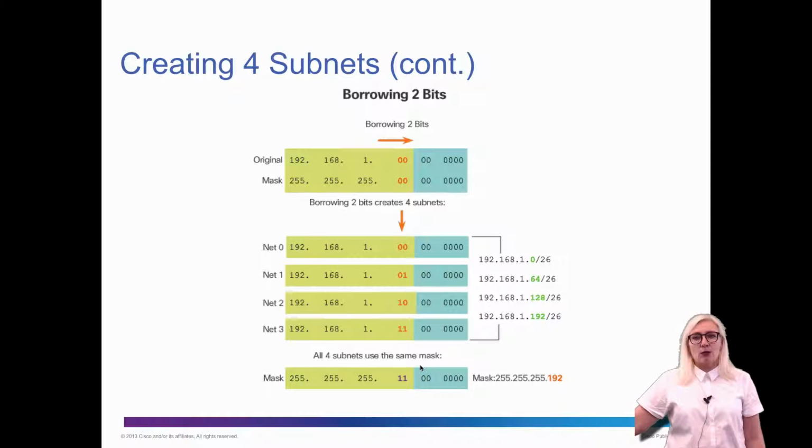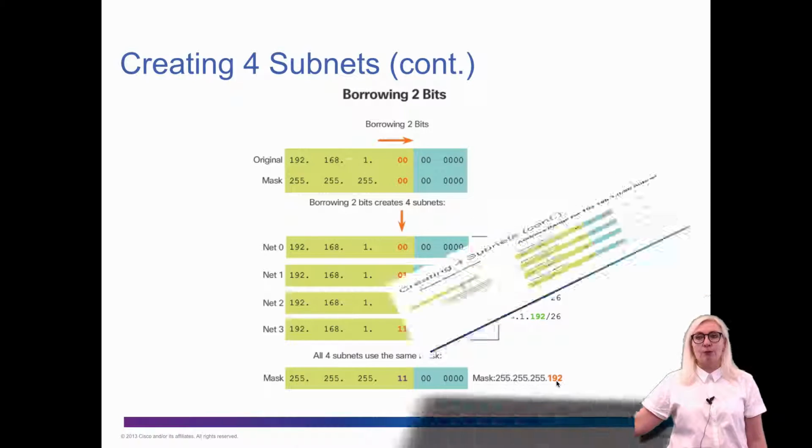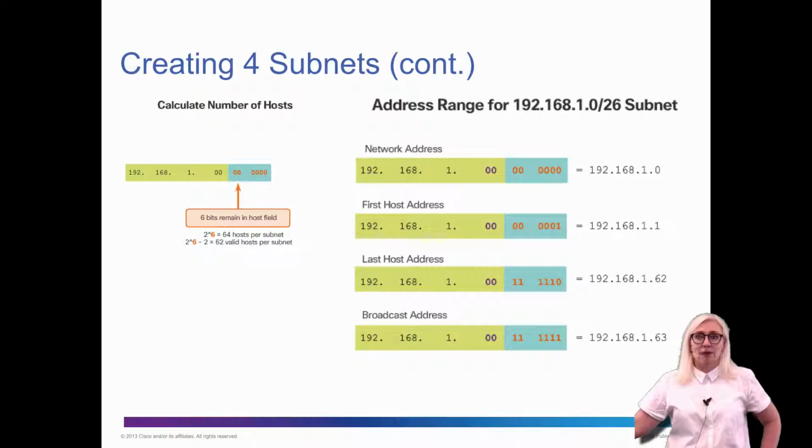And my new mask, and this will apply for all my networks here, is 255, 255, and then borrow these 2, followed by 6 zeros, is 192. So 255.255.255.192 is now my new mask.